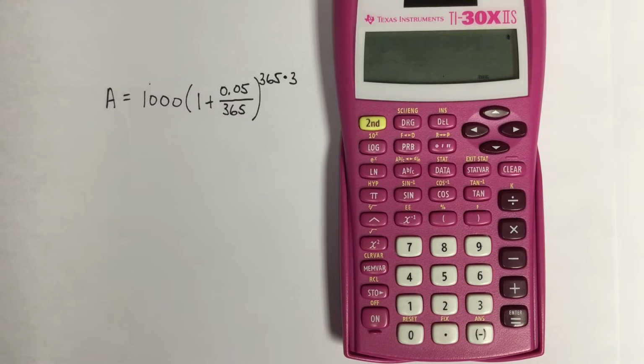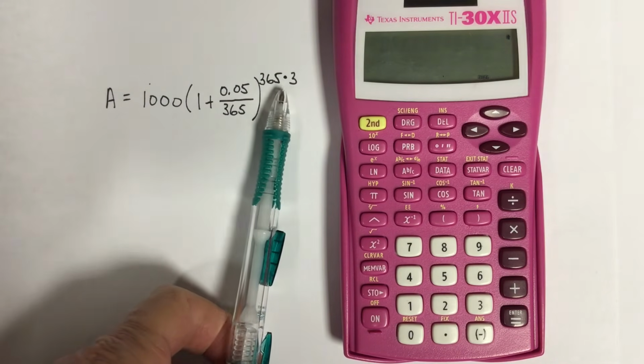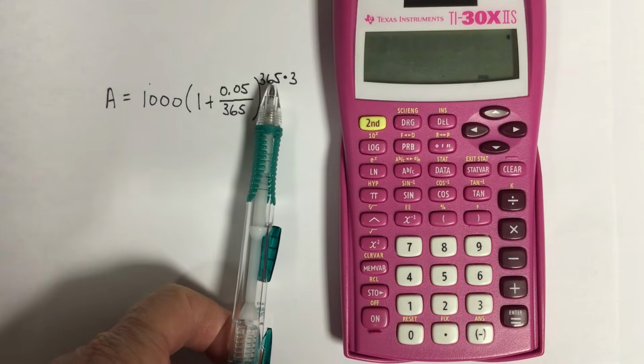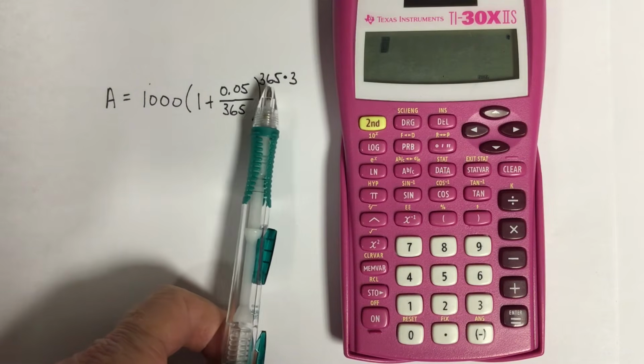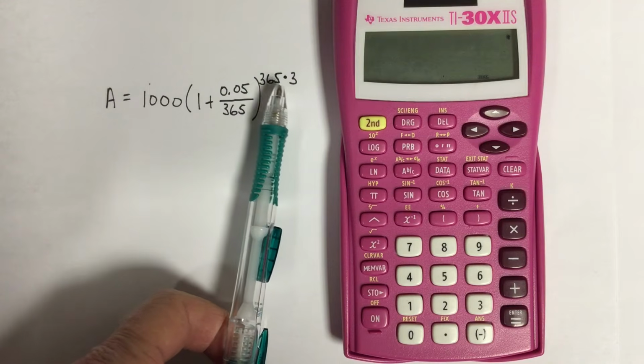I'm sure you've noticed that in both examples that we've done, we have calculated n times t ahead of time, but I wanted to show you what happens if you don't calculate n times t, if you just put the numbers in the exponent together. So instead of the 1,095 that we calculated ahead of time, what if we just try to enter it as 365 times 3?